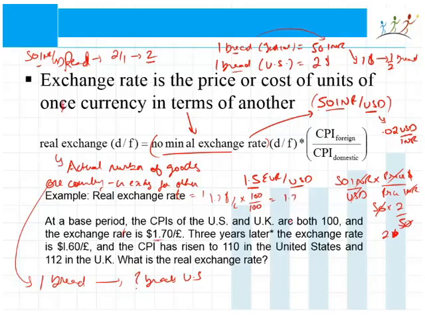3 years later, the exchange rate is now $1.6 per pound and the price in the UK has become 112 and the price in the United States has become 110. So the nominal exchange rate has gone down to 1.6 and the real exchange rate has become 1.6 times 112 upon 110, which comes out to be 1.629.